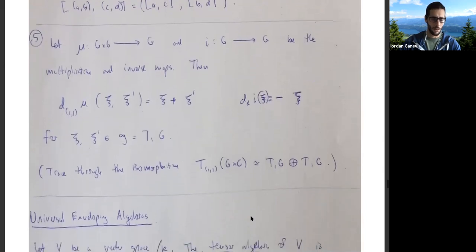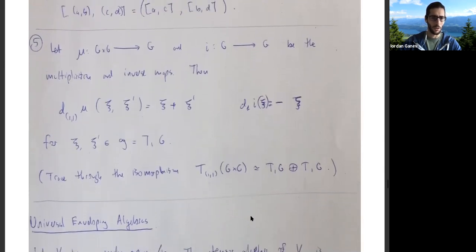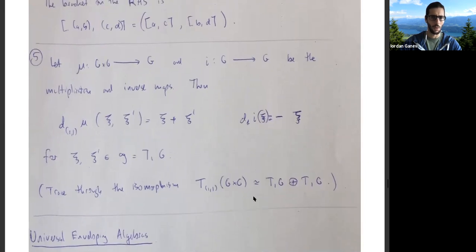I also want to mention universal enveloping algebras, but are there any questions about these facts before I start this new topic? You can look at Springer for more details if some of these things are confusing.